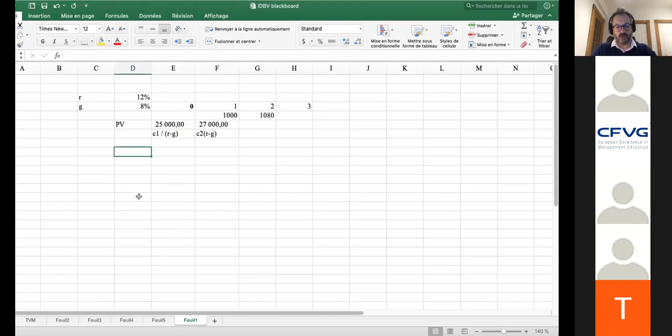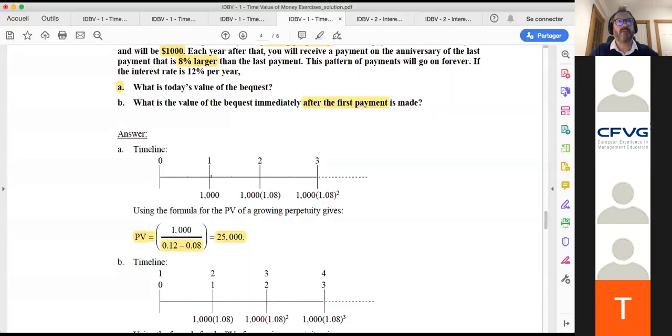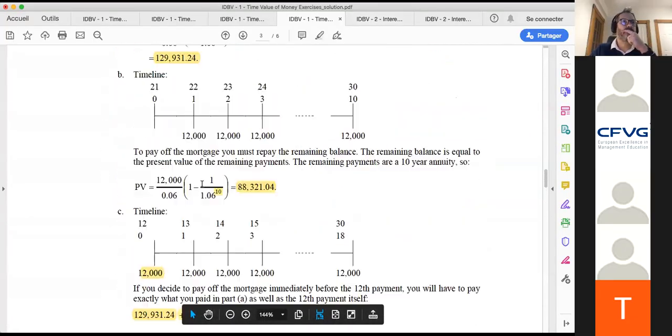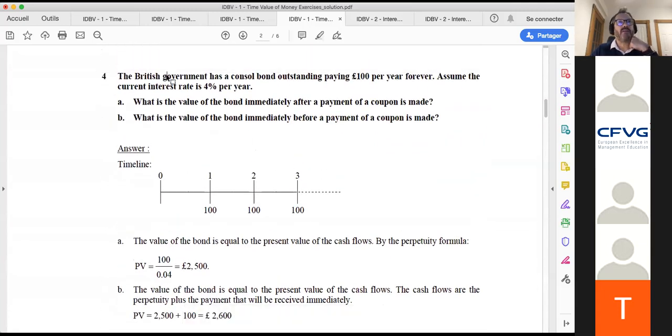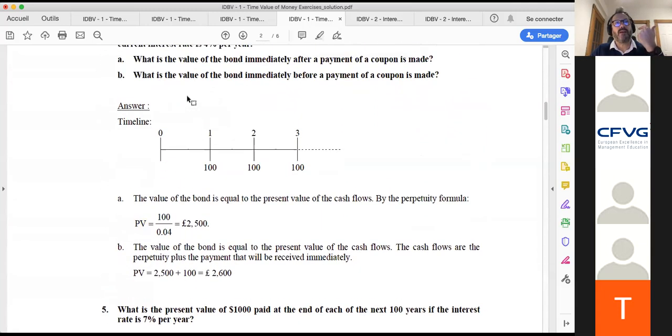So what we can say as a conclusion is that if you remember what we said in question number 4, I think, when we discussed the value of the bond, it was 2,500, and so it's going to stay the same.